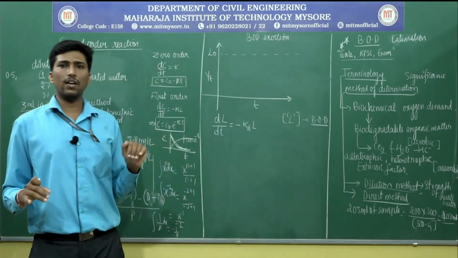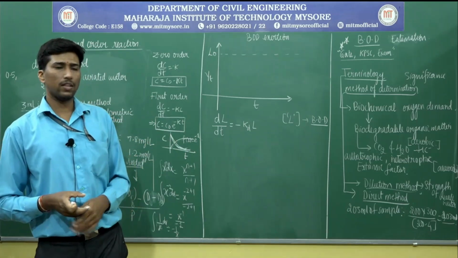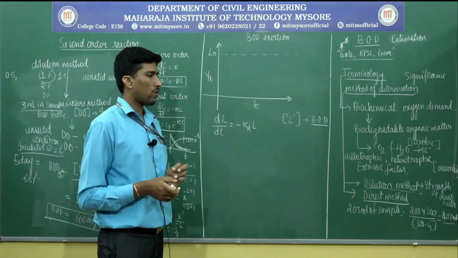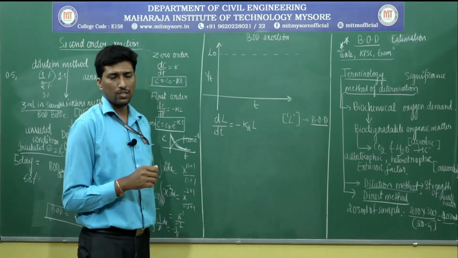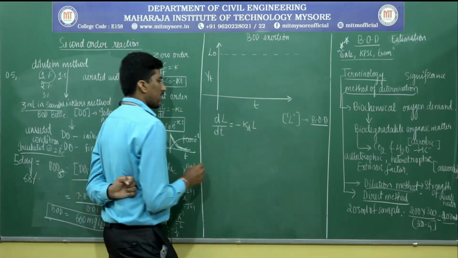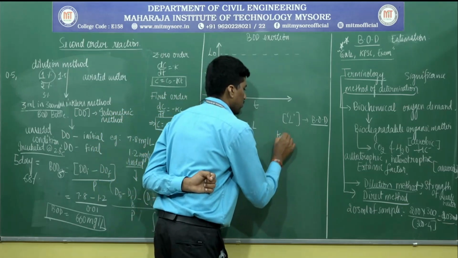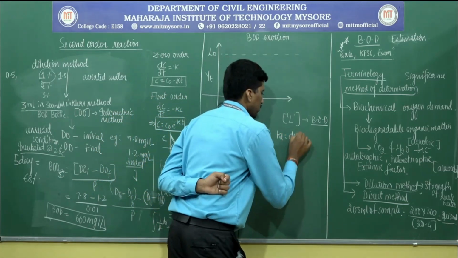Hence, for the 20th day, you can estimate it using the following expression. So, dL by dt is equal to minus kd into L, where kd represents the deoxygenation coefficient.